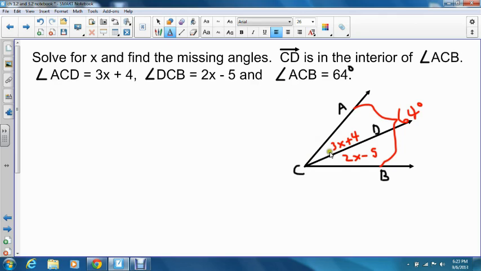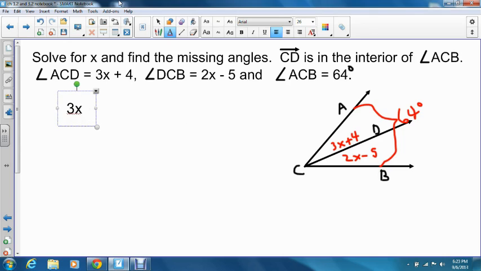So if I have a ray, line, or segment that is on the interior of an angle, that means the two angles that are formed add up to the original angle. So the sum of these two angles formed by this interior ray is equal to the entire angle.